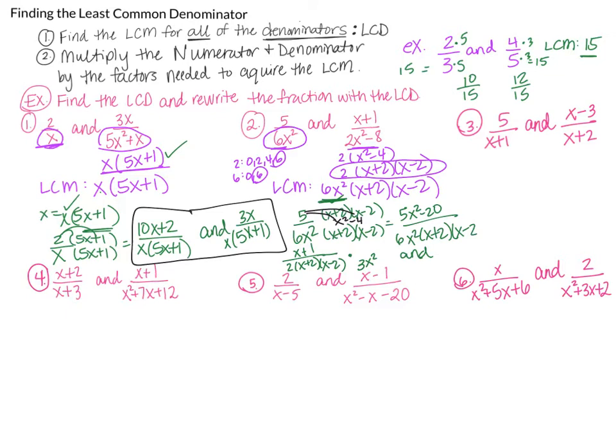Now, I already have the x plus 2 and the x minus 2, so all I need to do is multiply by a 3x squared. So I'm going to distribute that x and that 1. So I'm going to get 3x cubed plus 3x squared over that denominator, 6x squared times x plus 2 times x minus 2. Okay.